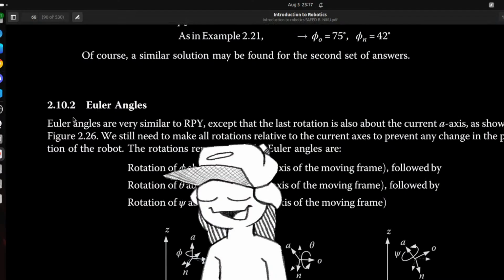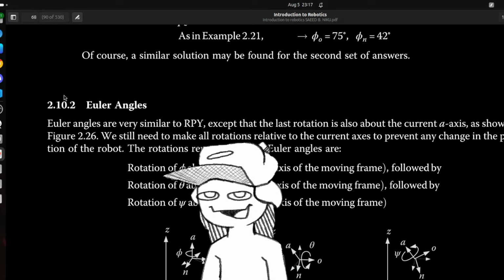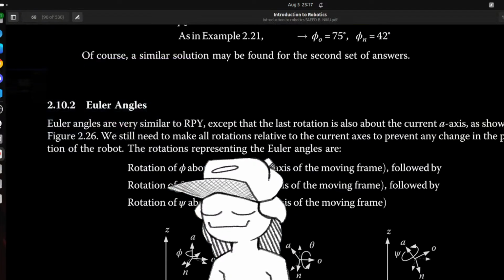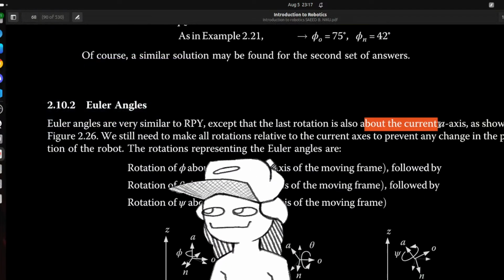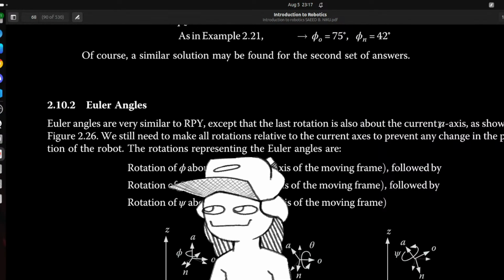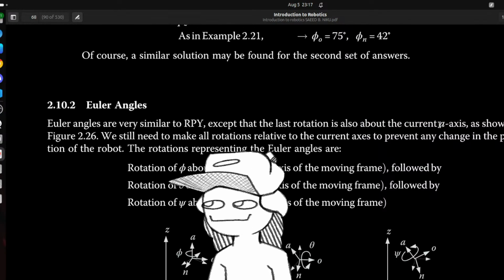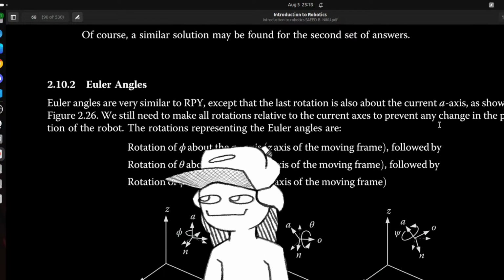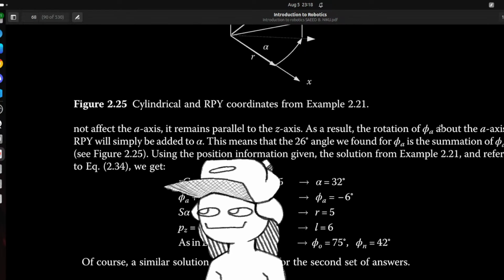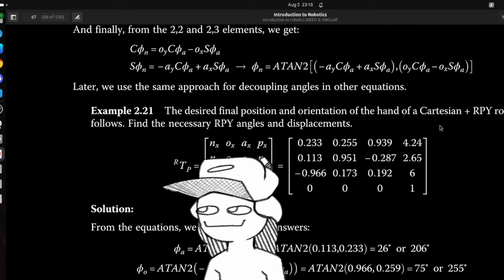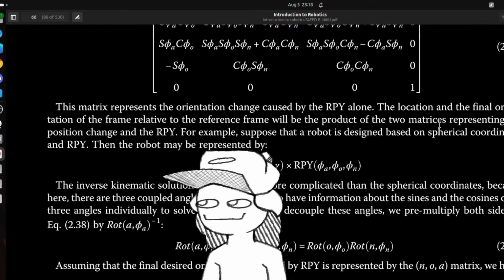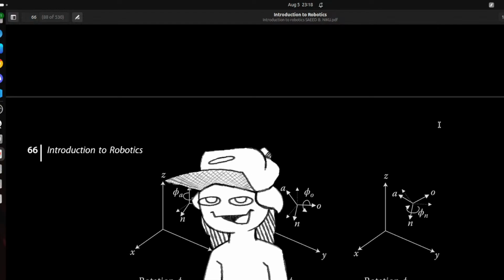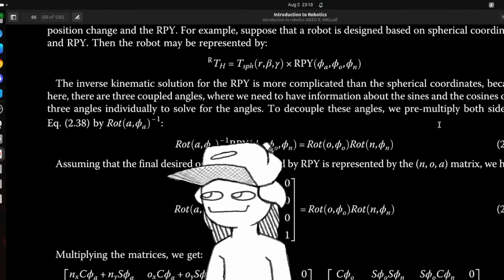Euler angles are similar to RPY except that the last rotation is also about the current axis. I don't understand. I don't understand. Huh?